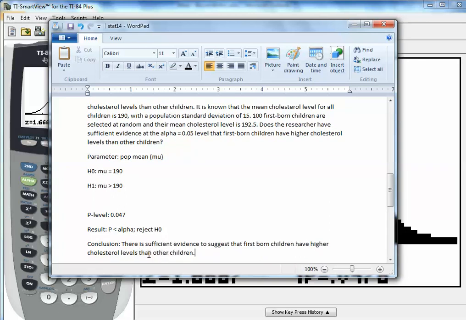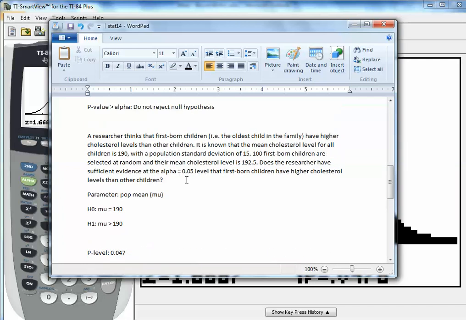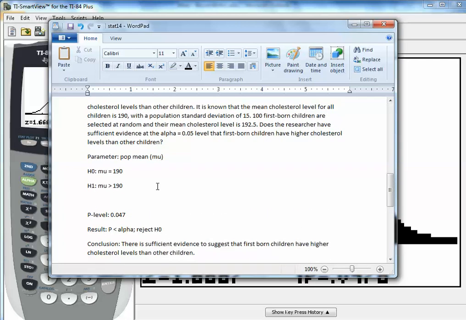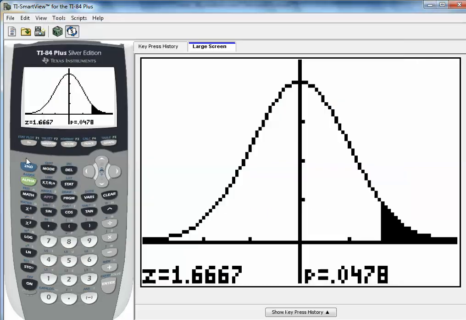This is just the interpretation of the result. This is how these work: they'll always tell you all of this information, and you just plug it in and it gives you the p level.